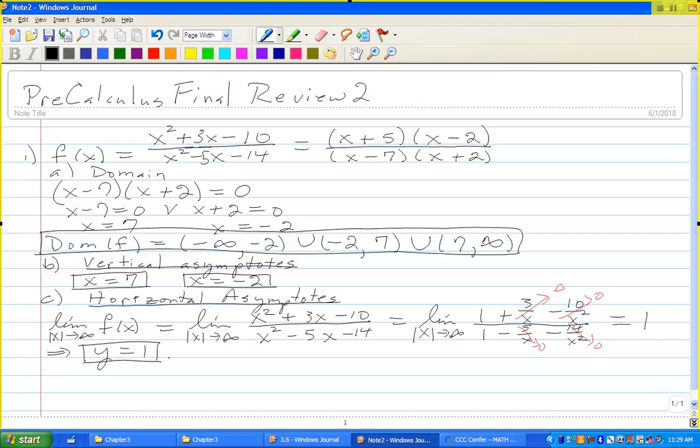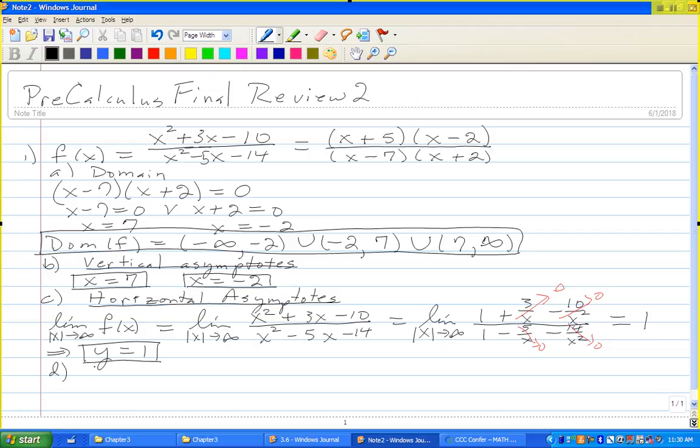So the asymptotic behavior, the large time behavior of this particular function, is that it flattens out and it eventually approaches 1 at infinity. D, what are the oblique asymptotes? Well, since there's a horizontal asymptote, I made it so there's no oblique asymptote.